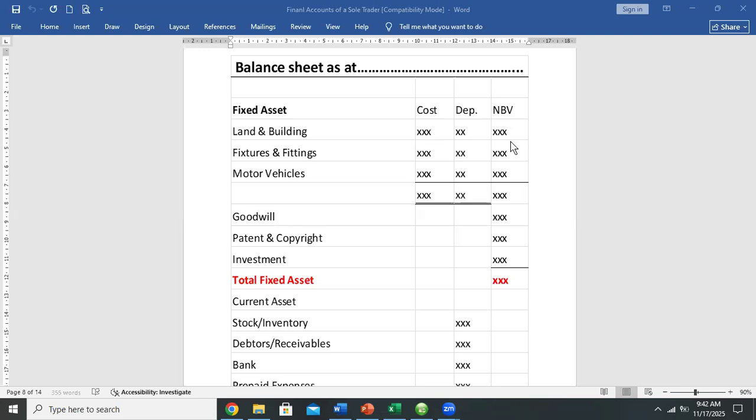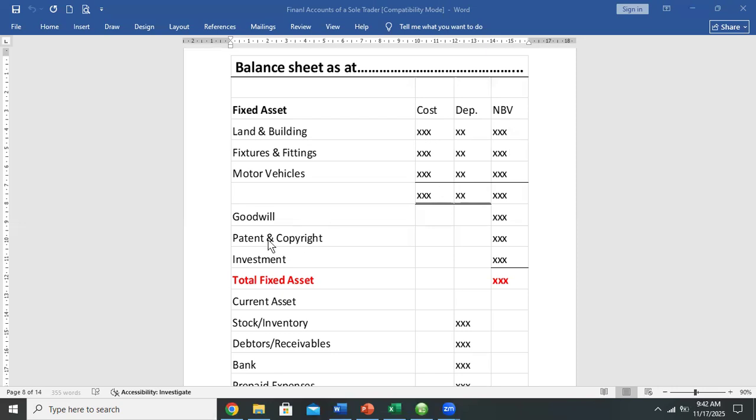So when you do the subtraction, you get the net book value. Now, if the question does not have depreciation, then straight away, you don't need to show this cost, depreciation, net book value. The value of the asset will be as stated in the trial balance without any depreciation.